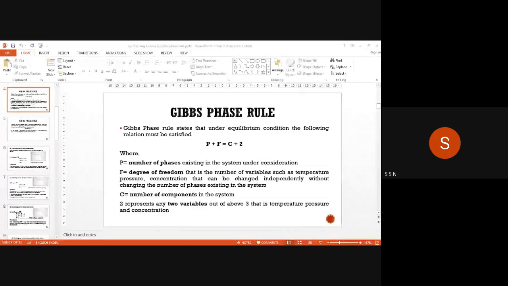While applying the Gibbs phase rule to the various types of cooling curves, we have used the equation P plus F is equal to C plus 1. So why have we used 1 there instead of 2?